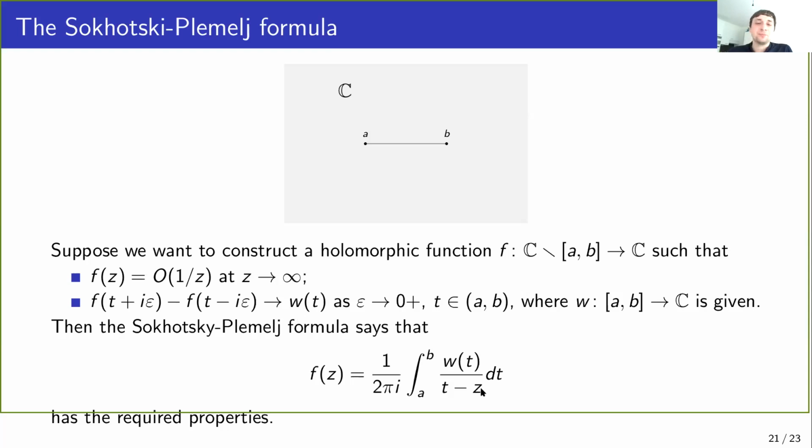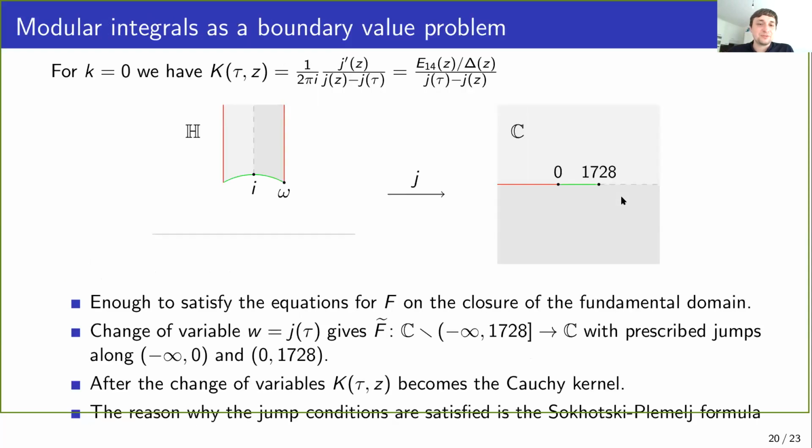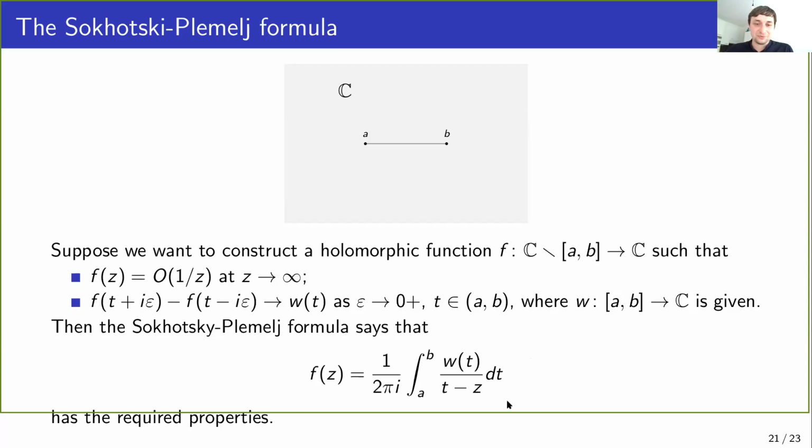Sorry, I'm thinking about the case when w itself is a complex analytic function. This is elementary, but if you go to the previous slide, I said this strange looking kernel k of tau z is, in terms of j variables, actually very easy. It's just the Cauchy kernel. And the solution that I described on the previous slide using these modular Green's functions, in this case, just corresponds to the Sokhotski-Plemelj formula.